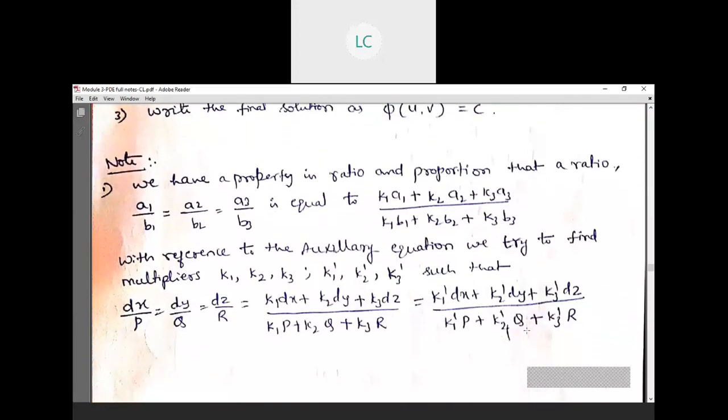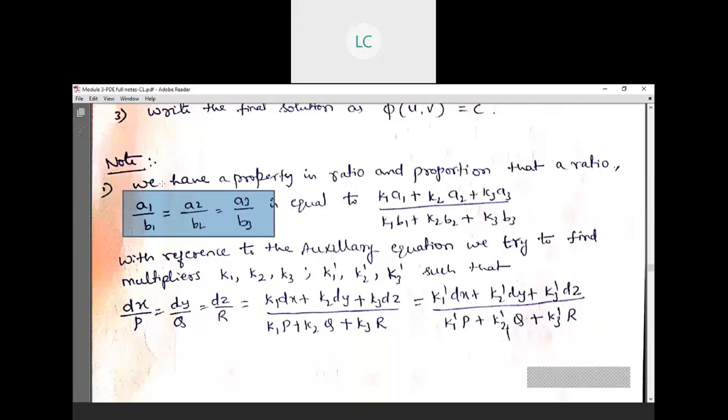Now we have one note here. We have a property in ratio and proportion. Suppose a1 by b1 equal to a2 by b2 is equal to a3 by b3.